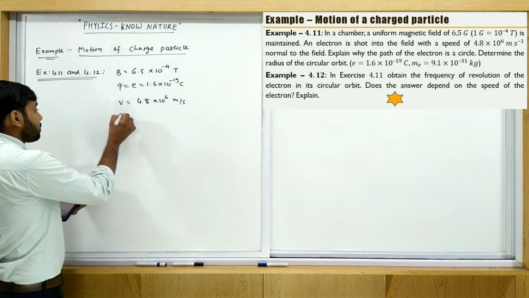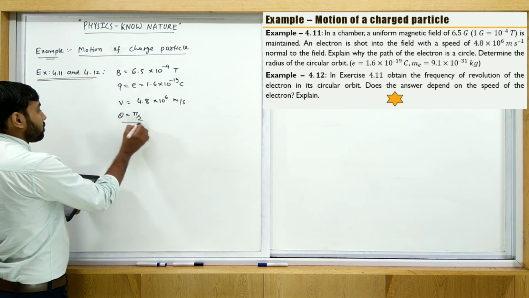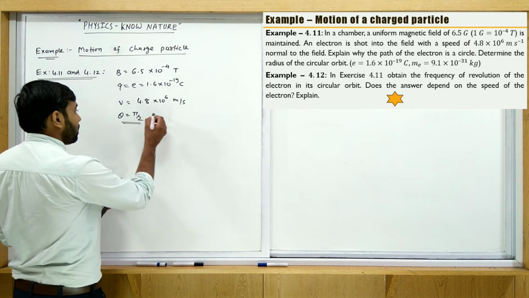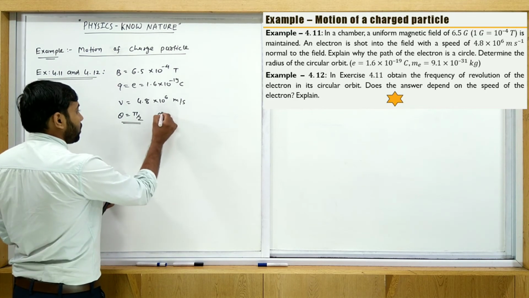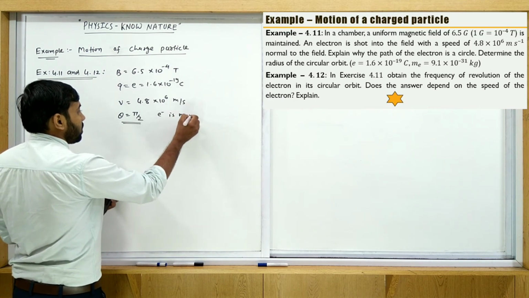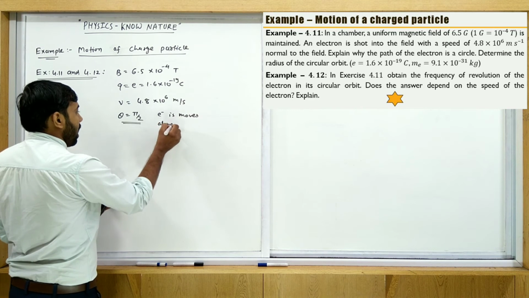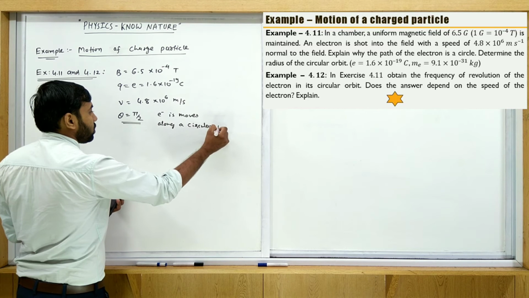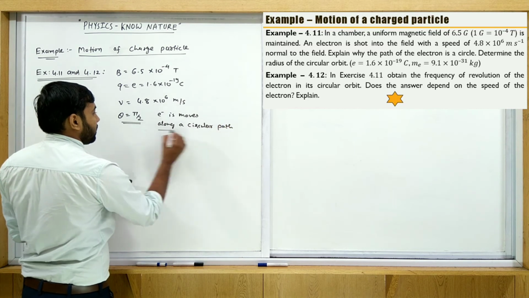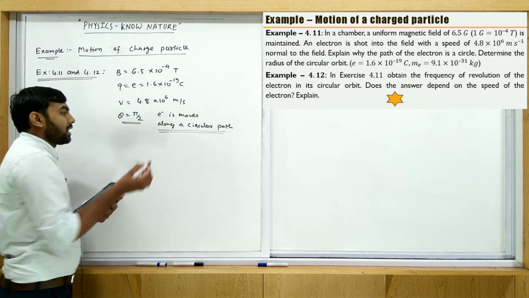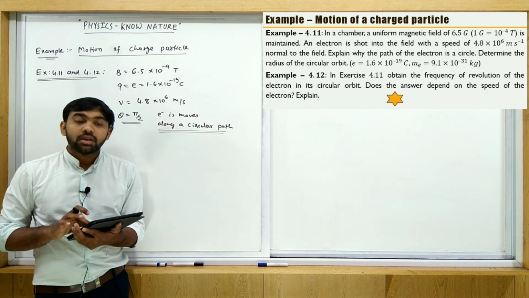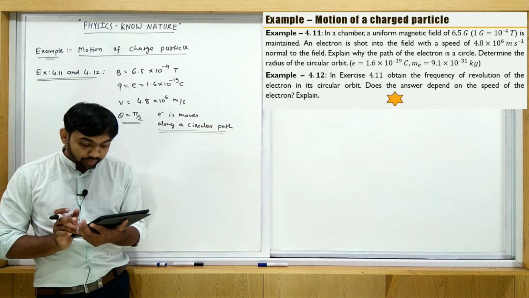Okay, so here the angle theta is equal to pi by 2. This means the charged particle is moving along a circular path, so the electron moves along a circular path, because theta is 90 degrees, and then any charged particle moves along a circular path in a magnetic field, as we know.